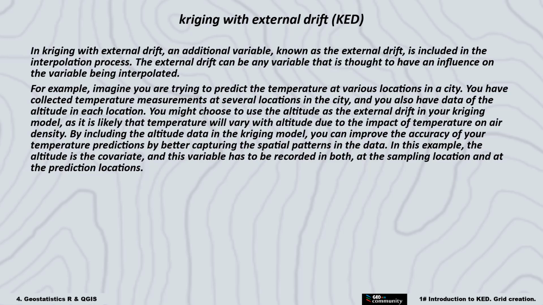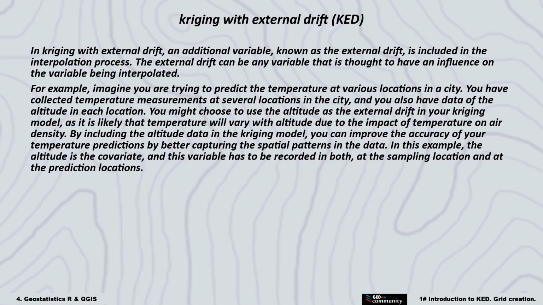You may choose to use the altitude as external drift in your kriging model, as it is likely that the temperature will vary with the altitude due to the impact of the altitude on the air density. By including the altitude data in the kriging model, you can improve the accuracy of your temperature predictions by better capturing the spatial patterns in the data.